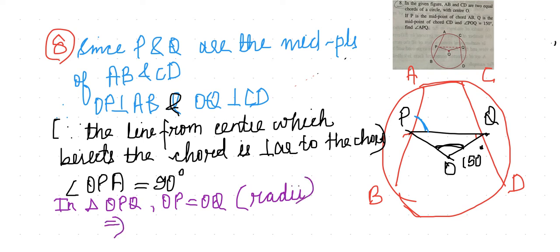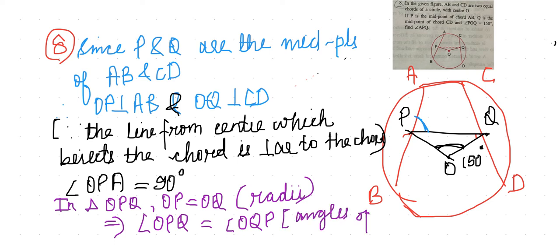Angle OPQ will be equal to angle OQP, and this is because angles opposite to equal sides are equal. Okay, so this is the statement that you are getting, that the angles opposite to equal sides are equal.